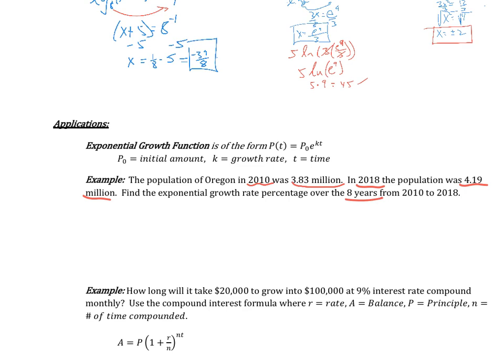The new value, P of t, was 419 million, and that is equal to the initial population, 3.83, times e to the kt. k we don't know, t is 8.